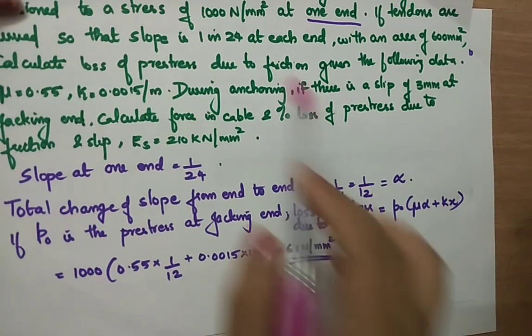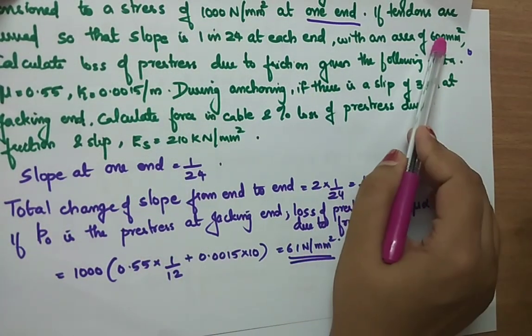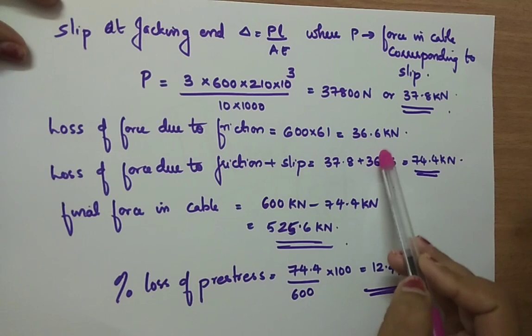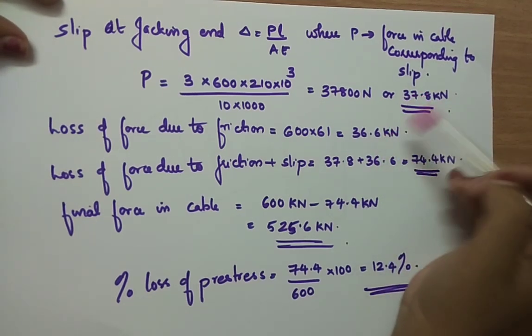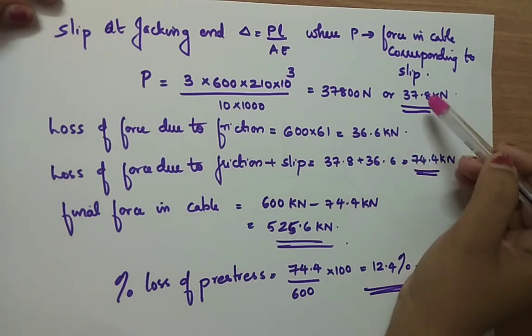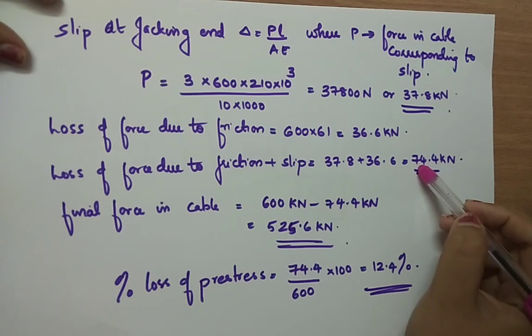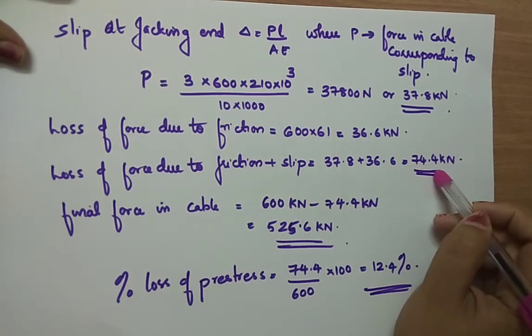So 61 into area, 600 mm square, gives the loss of force due to friction, which is 36.6 kilonewton. So the summation of these two, that is loss of force due to friction as well as loss of force due to slip, is 74.4 kilonewton. So that is the total loss.